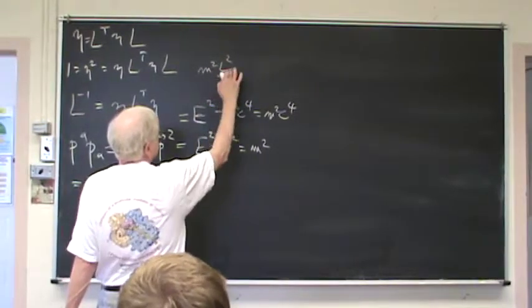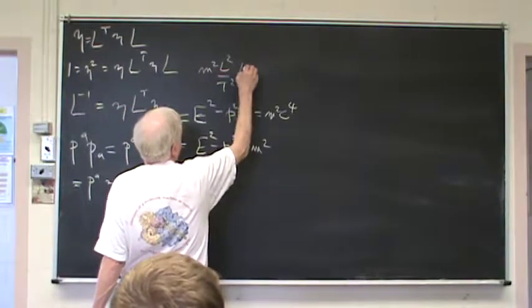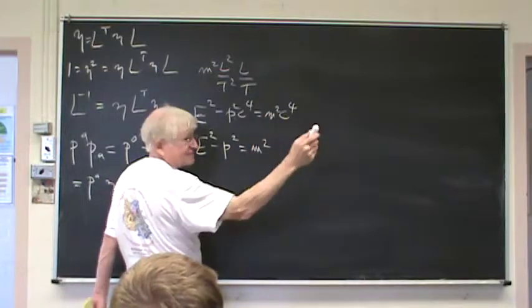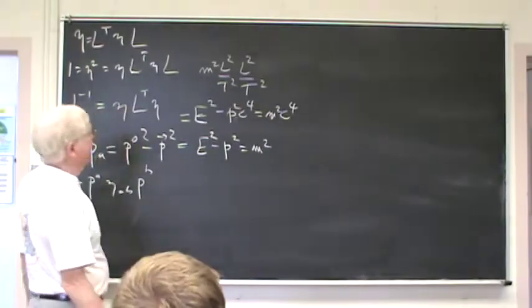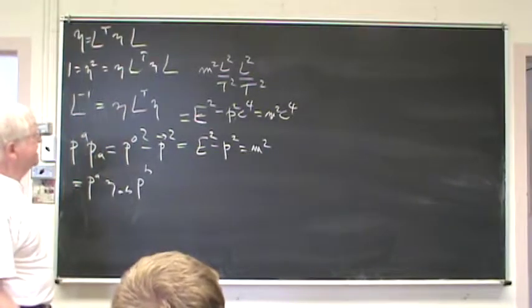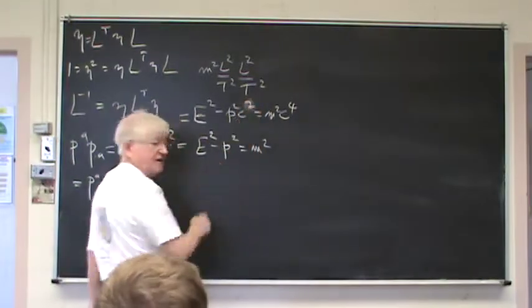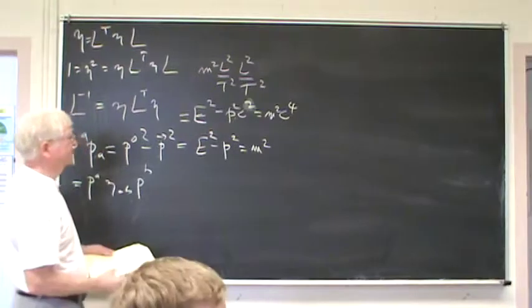So that's MV, M squared V squared, and then we have L something over T something. All right, let me trust you. Put a square in a square. So that's energy squared. Yeah, you're right. You sure?